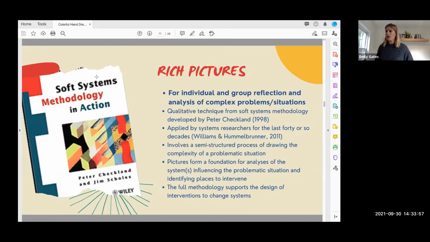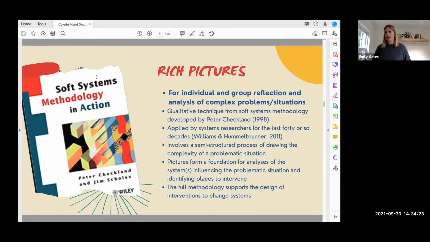There are some scholars on the system side and practitioners who have brought both soft systems methodology as well as systems approaches in general into evaluation. So there are some evaluation examples. In essence, you draw a picture and there are a couple of prompts. Beyond that, what happens is the drawing of the picture. And then we use those pictures as this foundation for analyzing what's there in the picture.